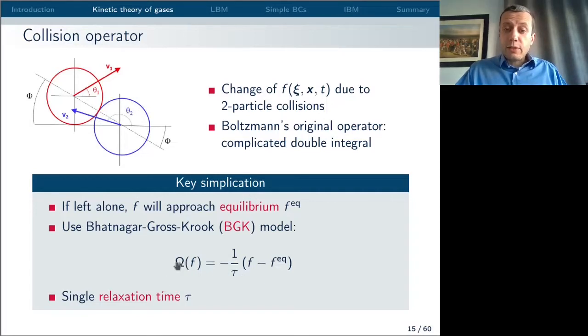If you are bold enough to look up how the collision operator actually looks like and compare that expression with the BGK model, there's a huge simplification here. But the interesting bit is, first of all, this makes it possible to actually work with the Boltzmann equation in a numerical simulation. And this simplification is enough to recover Navier-Stokes behavior.